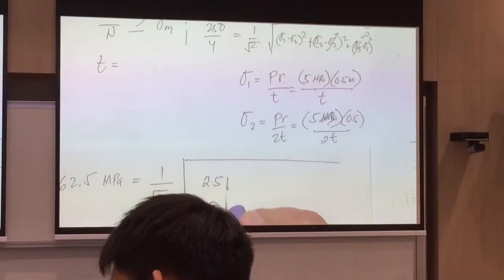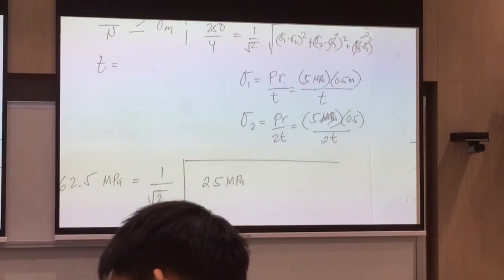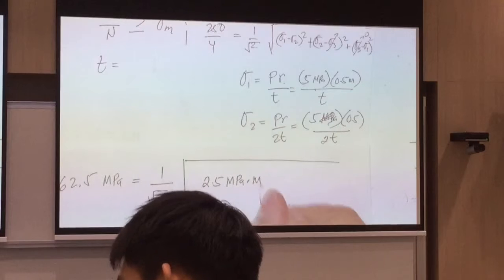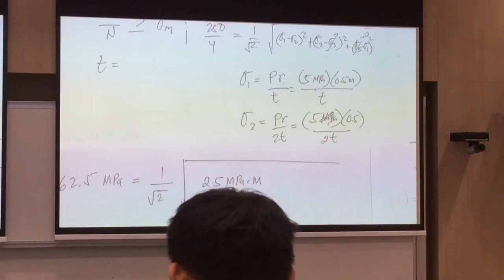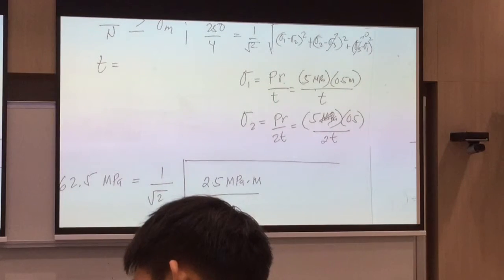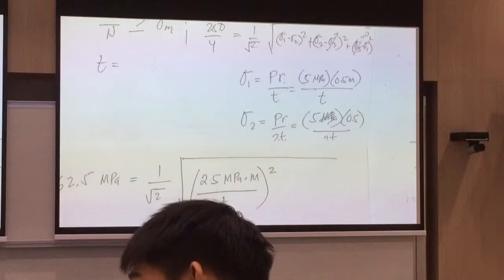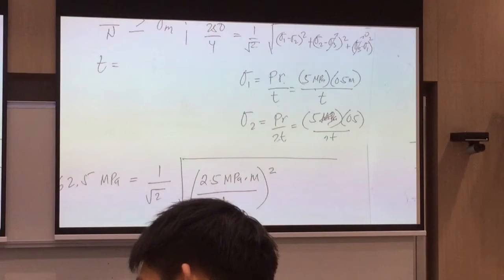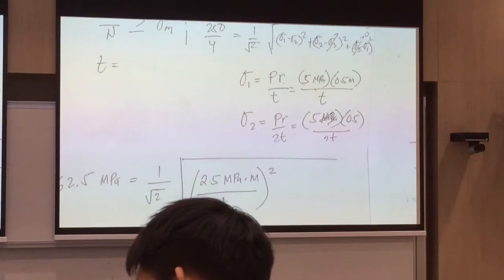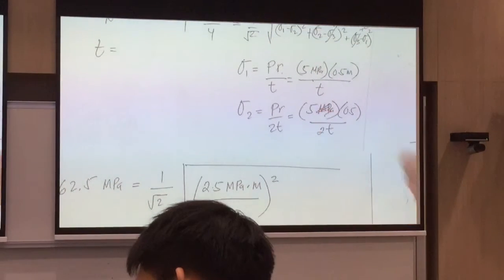So just checking. I'm just going to start first with putting in my units. Megapascal meter divided by that thickness. That will be squared. Then you have this one to be a plus. What do we have? Sigma 2 squared.